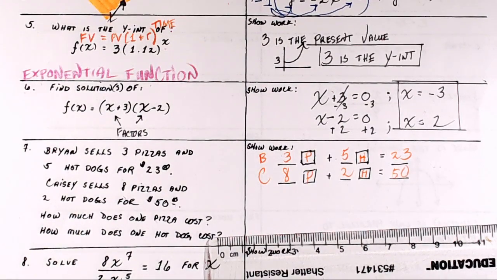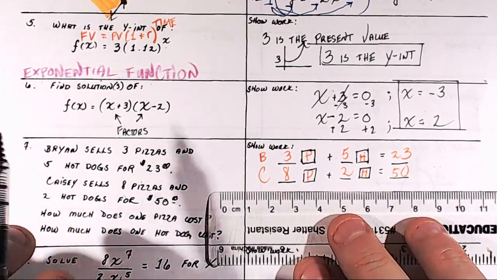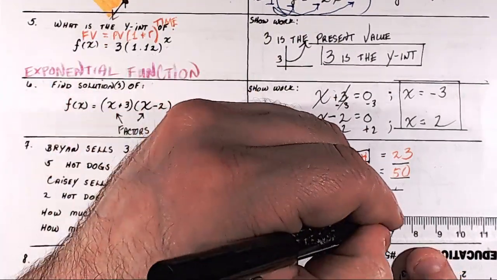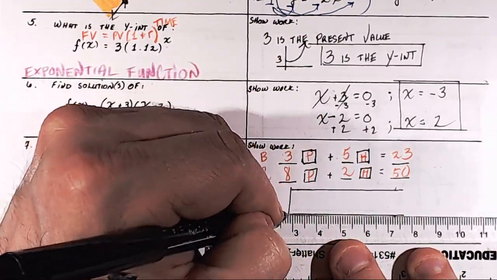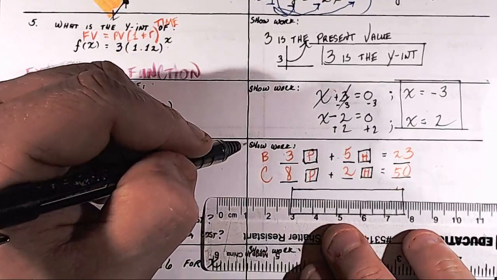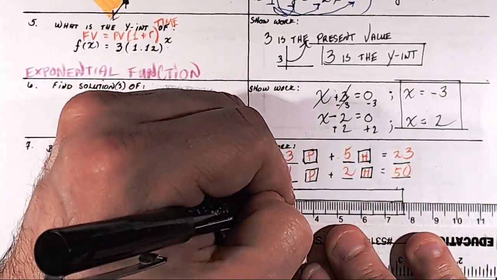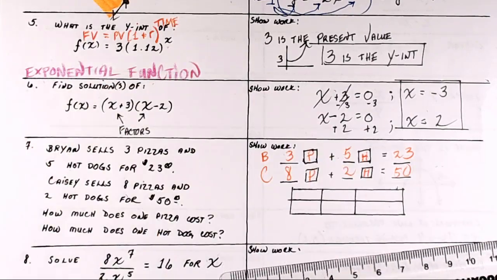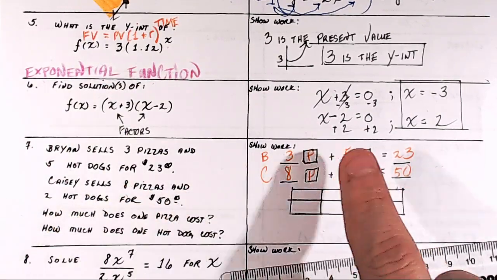Now, we could solve this using traditional elimination or substitution methods. But instead, what I want to do is use the calculator technique, what we call the matrix method. So what you want to do is make yourself a little 2-row, 3-column table and fill in these numbers in their positions.